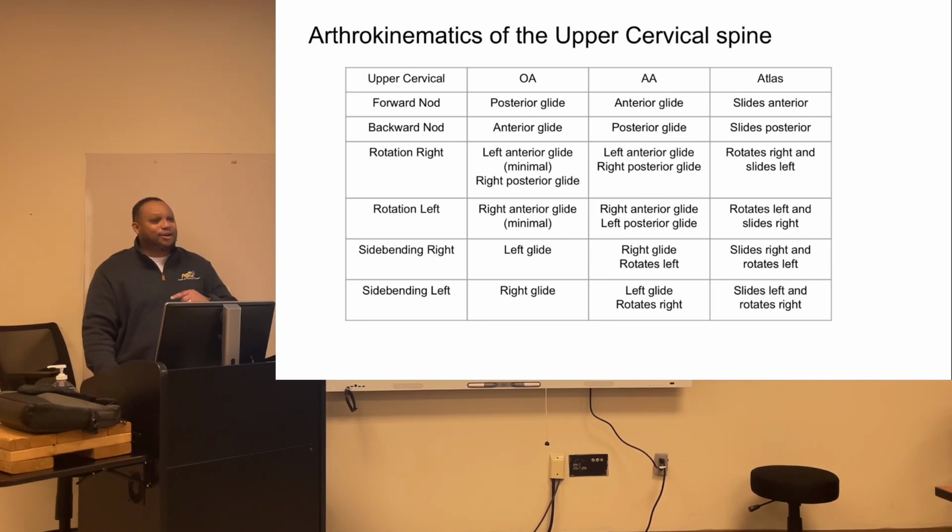So it's convex on concave, the glide or slide occurs in the opposite direction. So backwards nod, the occipital condyles have to glide anteriorly on the atlas. The atlas is going to glide in which direction? Posteriorly, because it's following the head. So the atlas slides posteriorly.